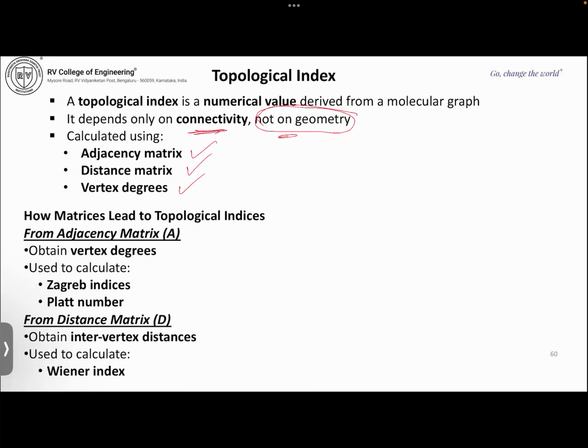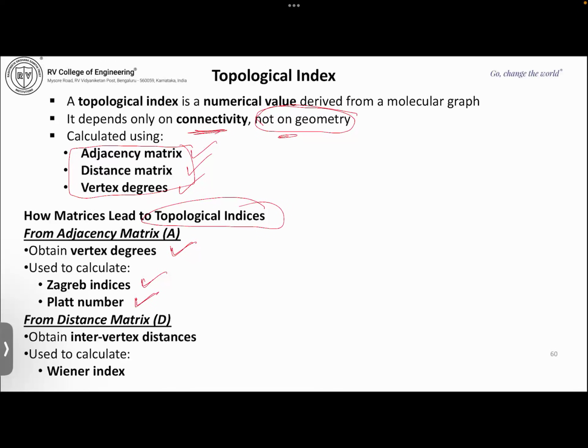Let us look at how these matrices lead to topological indices, meaning some numerical value. From the vertex adjacency matrix, we obtain vertex degrees. These vertex degrees are used to calculate the Zagreb indices and also the Platt number.